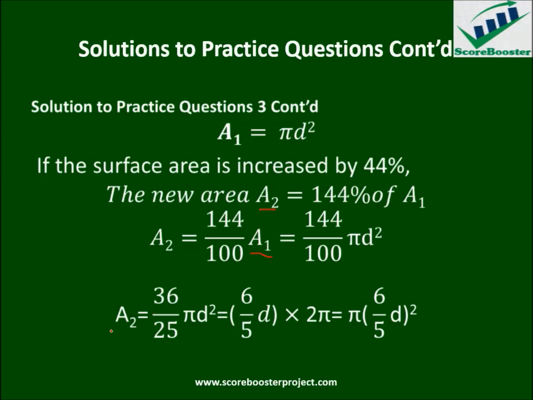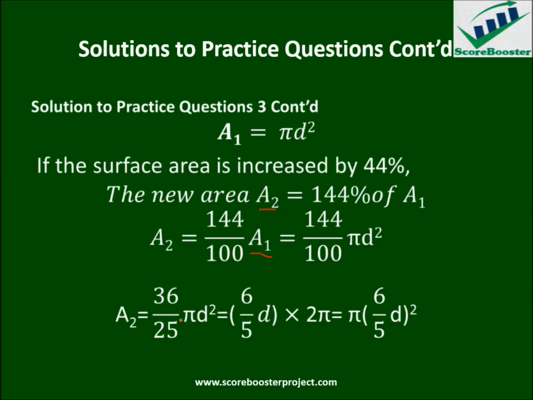So now A2 is equal to 36 over 25 pi d squared, when you divide both the numerator and the denominator by 4. As you can observe, this expression has a square, and these two can also be expressed as having squares.